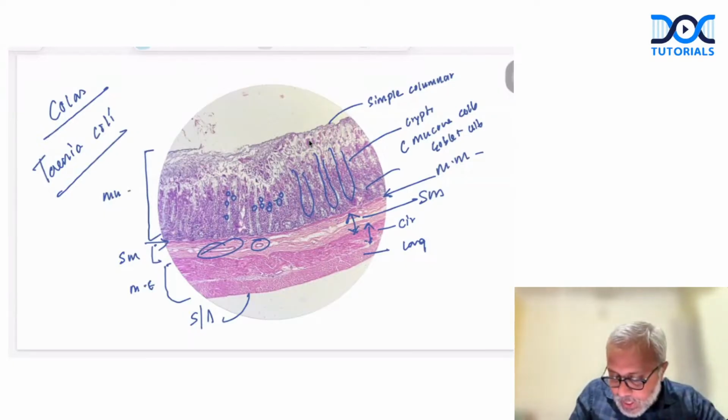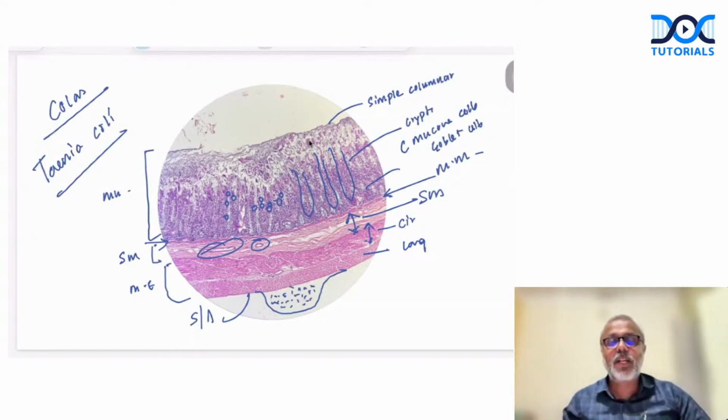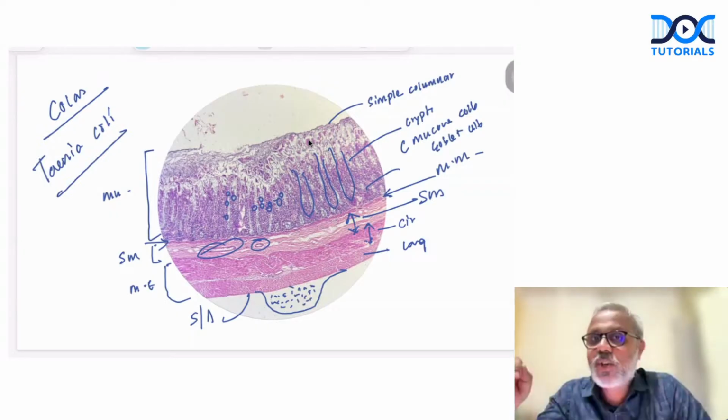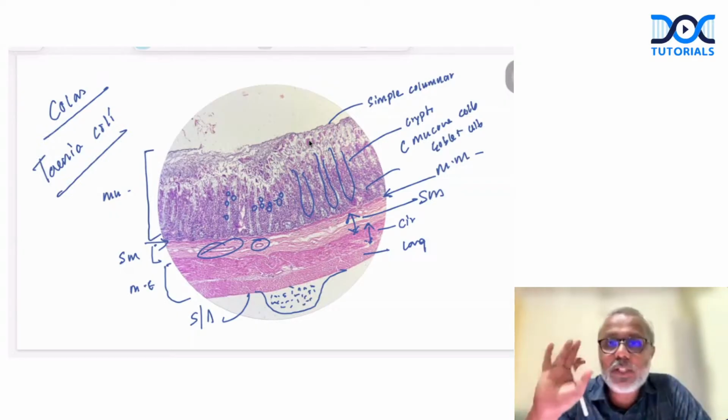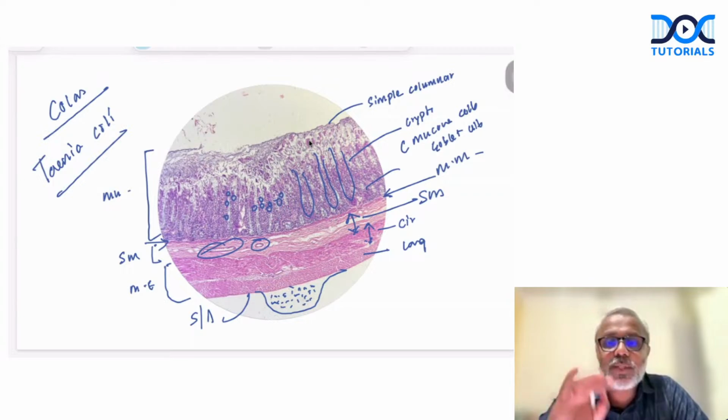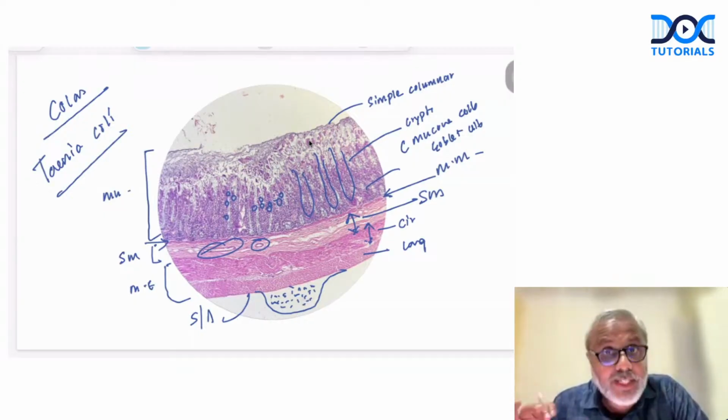If you see Taenia coli, the longitudinal layer will be enlarged like this, and here you will have the smooth muscle bundles arranged as longitudinal sections. If the section has gone at the level of Taenia coli, you will see it. So don't get confused if you don't see Taenia coli, because in this particular field, we do not see Taenia coli. It doesn't mean this is not the slide of colon.